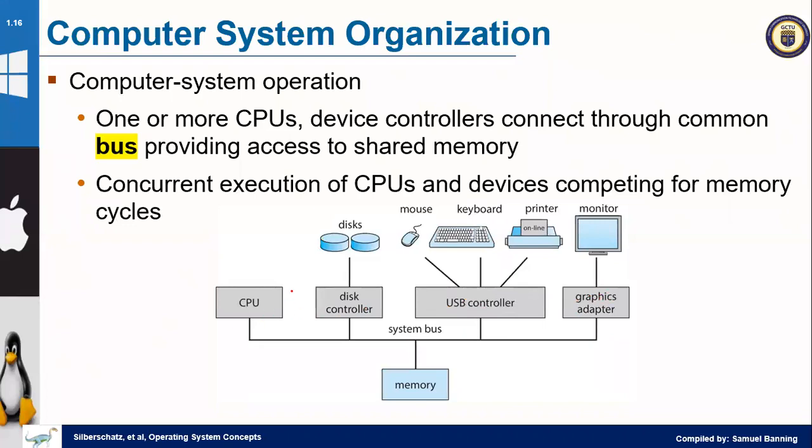So we say that they are all communicating using the system bus. And that is why if your CPU cannot communicate with them, then you have to install a driver that will be able to communicate with the CPU. The operating system has to create drivers for these controllers so that they will all speak the common language.